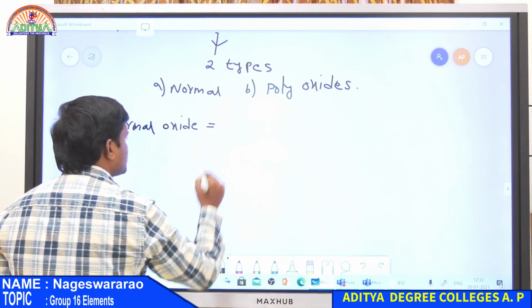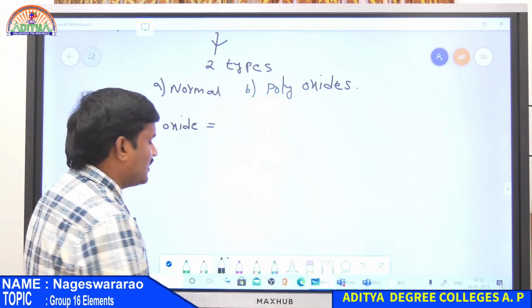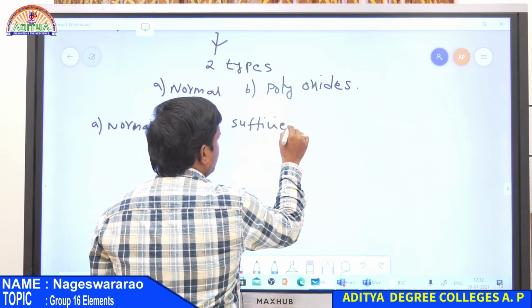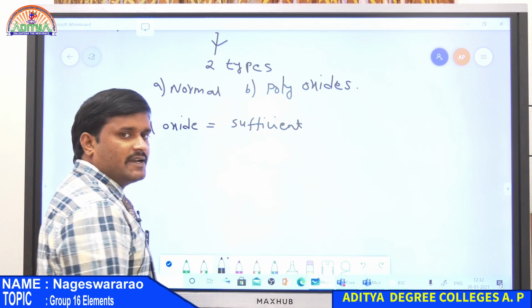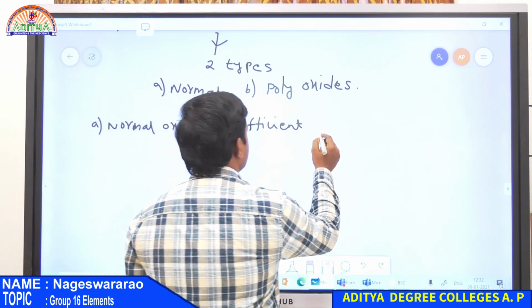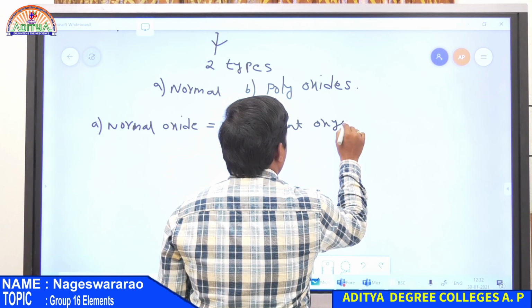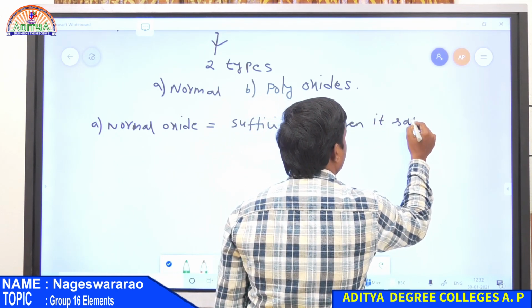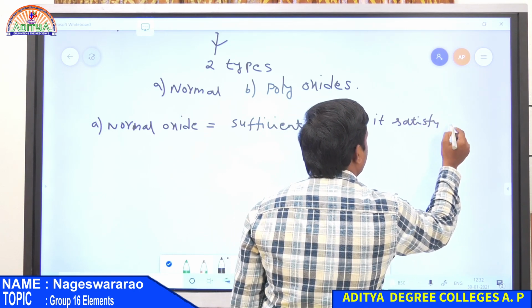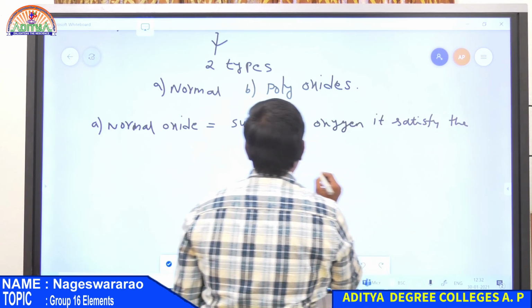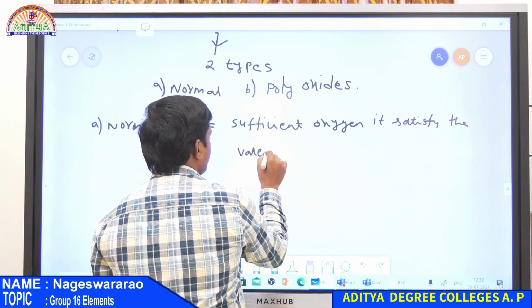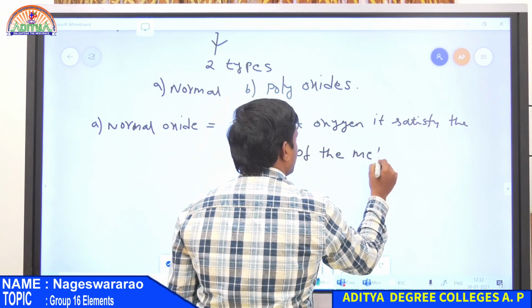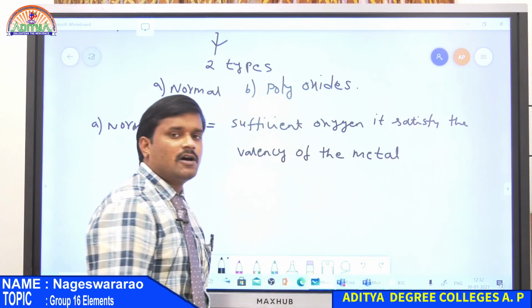If an oxide contains sufficient oxygen and it satisfies the valency of the metal, then it is known as a normal oxide.